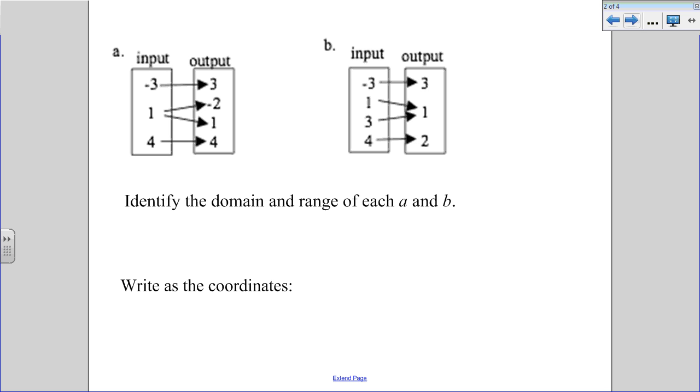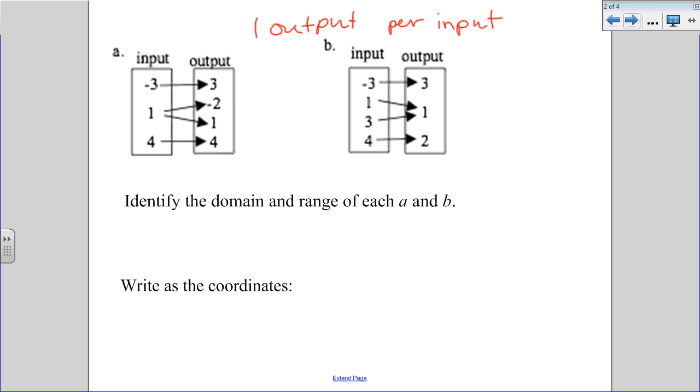So remember, our rule was one output per input. The input can only have one output. So when I start looking here, -3 goes to 3. Perfect, it only has one output. But what happens when we get to the 1?